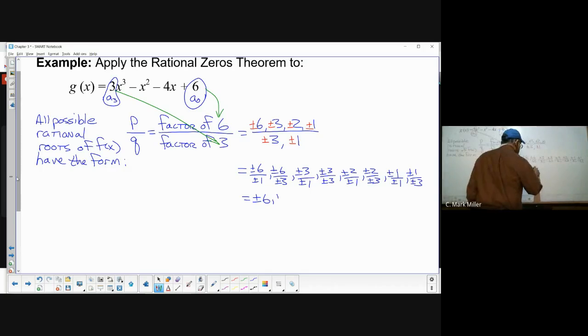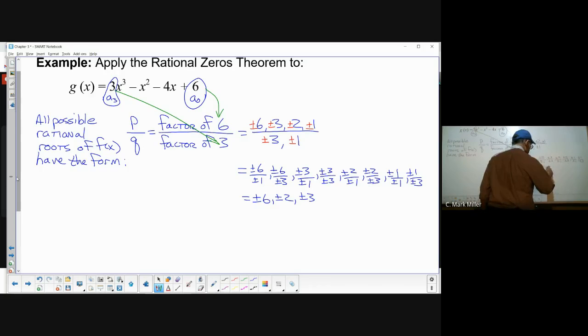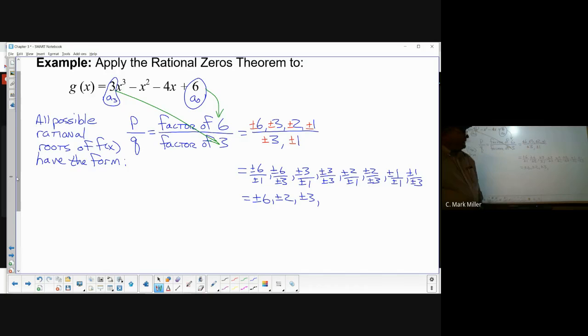That's going to be plus or minus 2. Plus or minus 3 divided by plus or minus 1 is plus or minus 3. We're simplifying. Plus or minus 3 divided by plus or minus 3 is plus or minus 1.